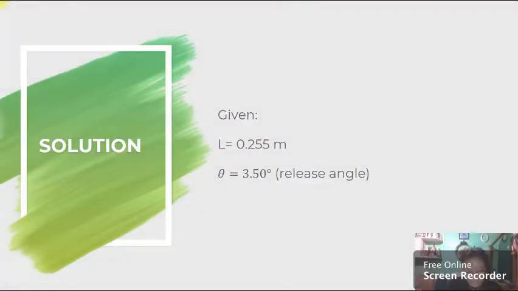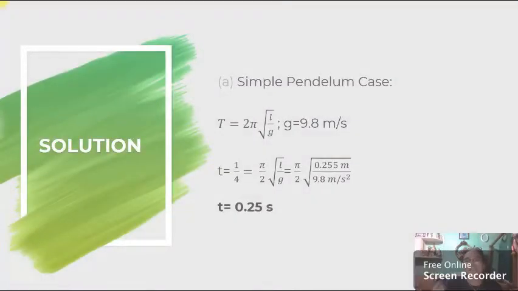We are given a length of 0.255 meters and an angle of 3.50 degrees, which is the release angle. For letter A, in a simple pendulum case, the formula is T is equal to 2 pi multiplied by the square root of L over g, wherein g is 9.8 meters per second squared.